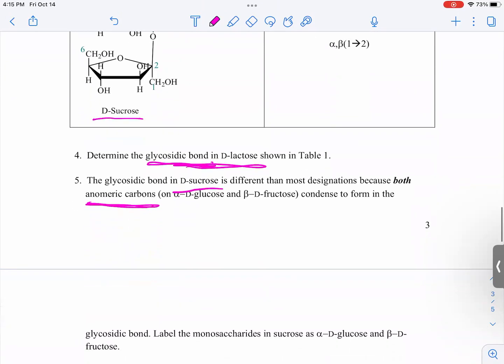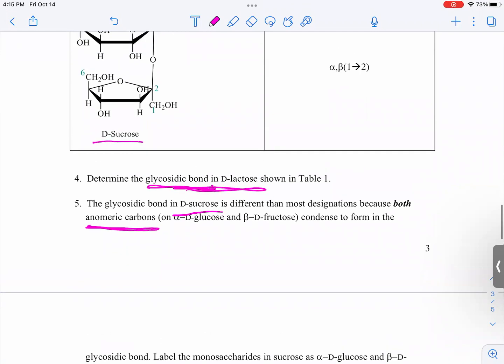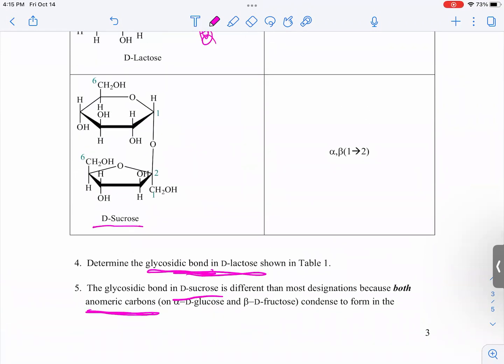All right. So note that we have this 6-membered ring. All right. So this is our pyranose. And in this case, the anomeric carbon is going to be carbon 1. And here we have our 5-membered ring. It's a furanose.